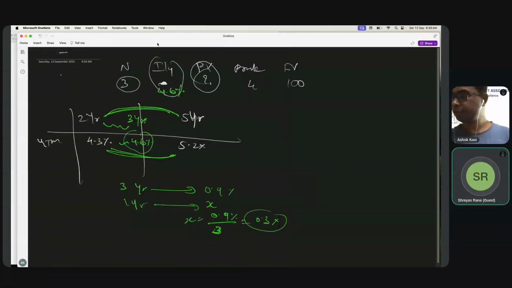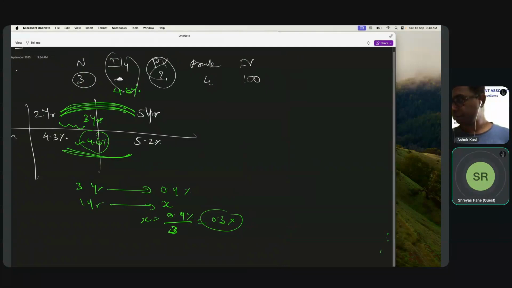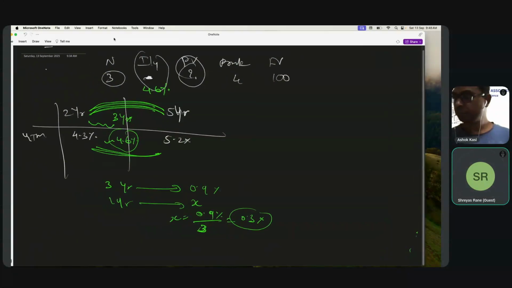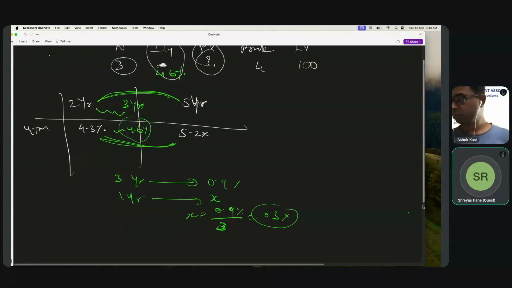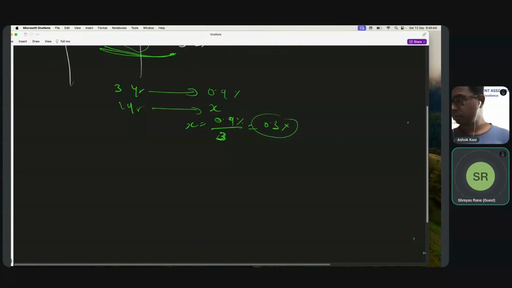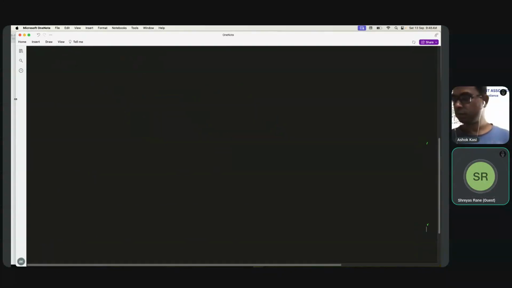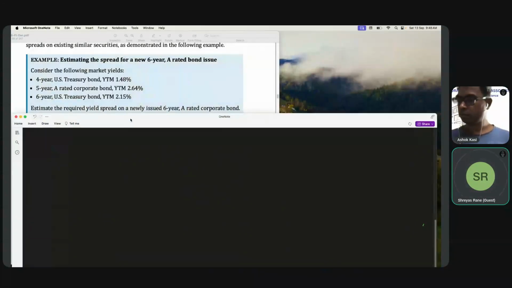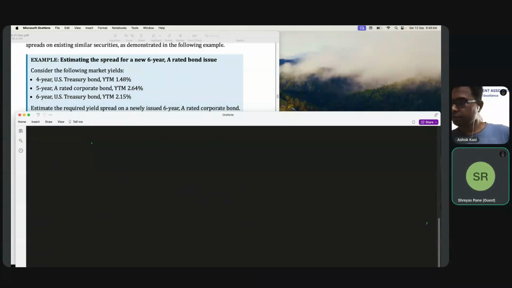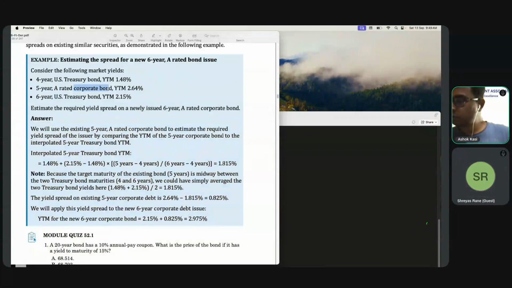So here, 4 year, 5 year, and 6 year. They have treasury bond as well as corporate bond.